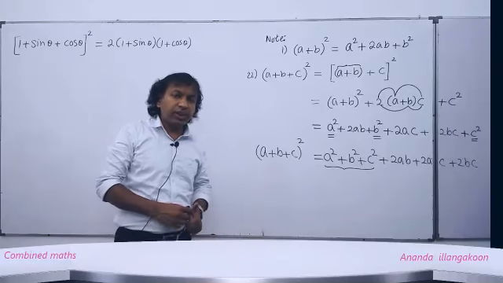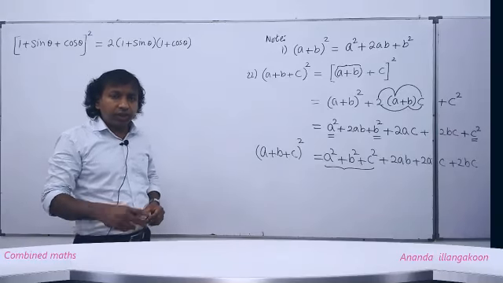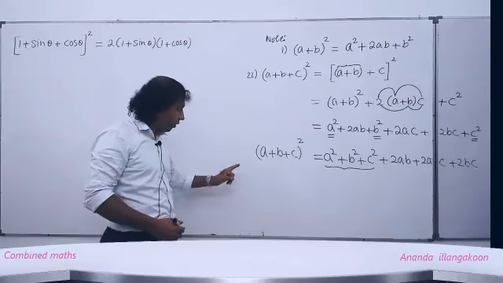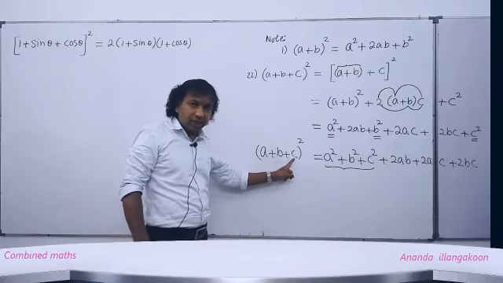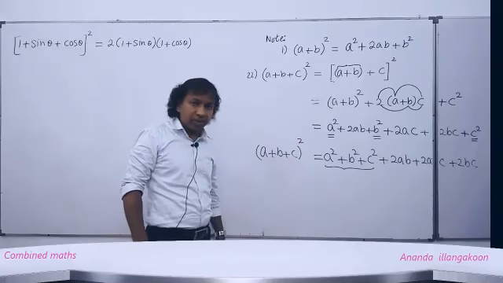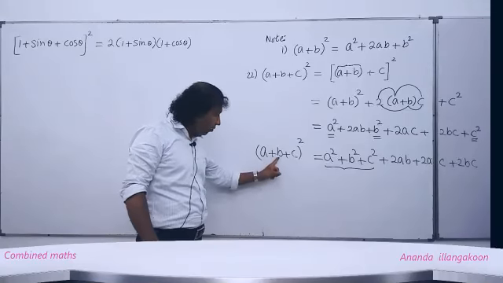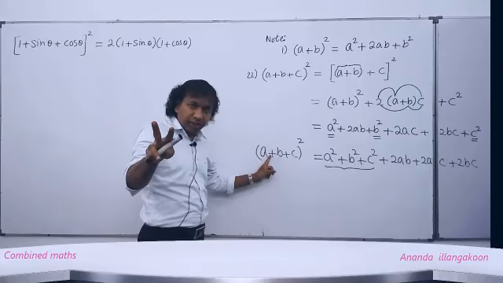Then what are the different ways of taking 2 at a time from these 3, A, B, C? A and B we take. A and C we take. And B and C we take. Understood? Then A and B we take, we multiply: AB, no, again by 2. What do you get? 2AB.